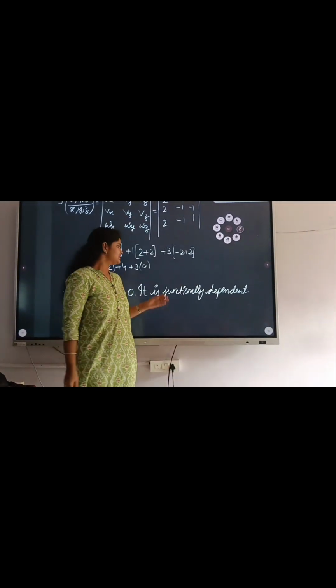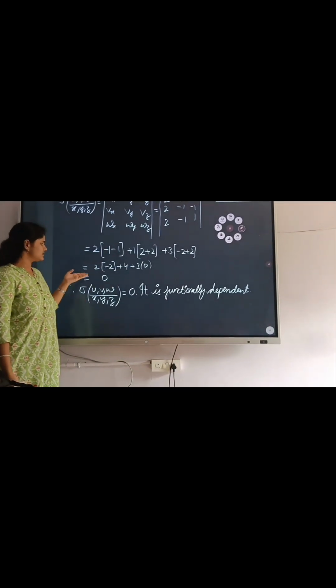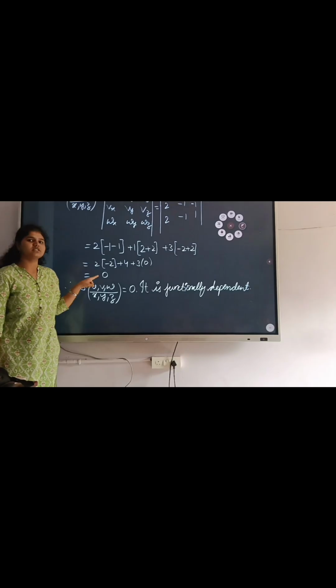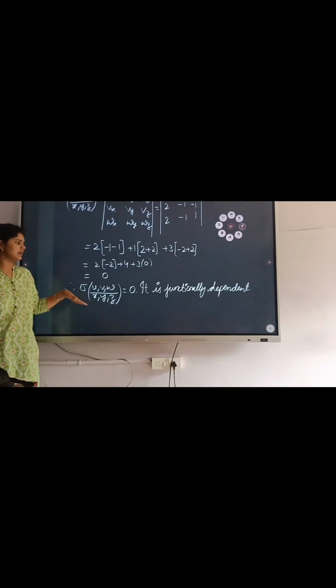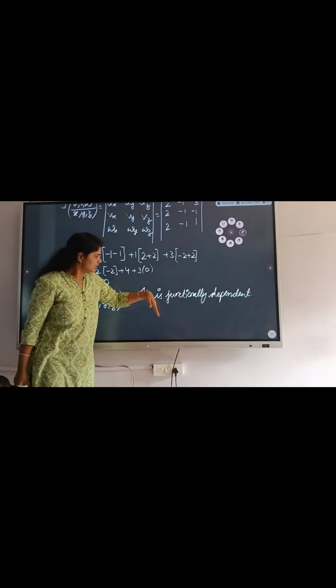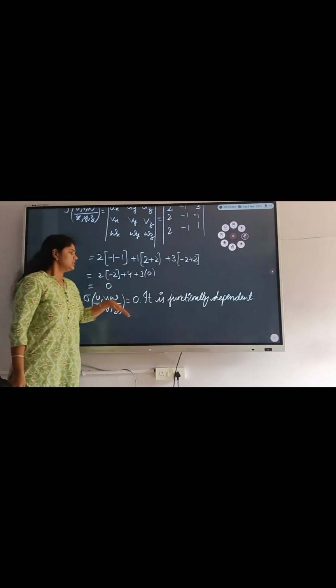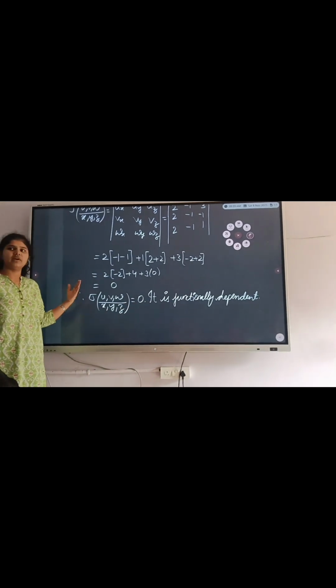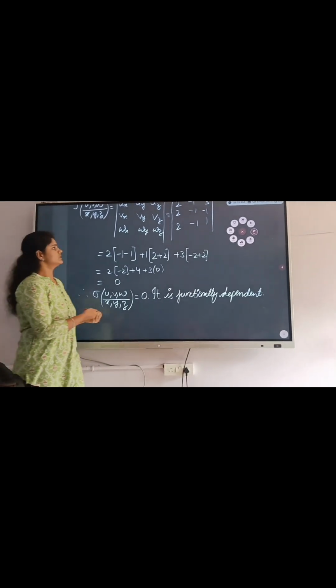For this sum the determinant is 0. If it is not 0, we don't need to write the relationship; it is functionally independent. Since it is 0, we have to find the relation between them.